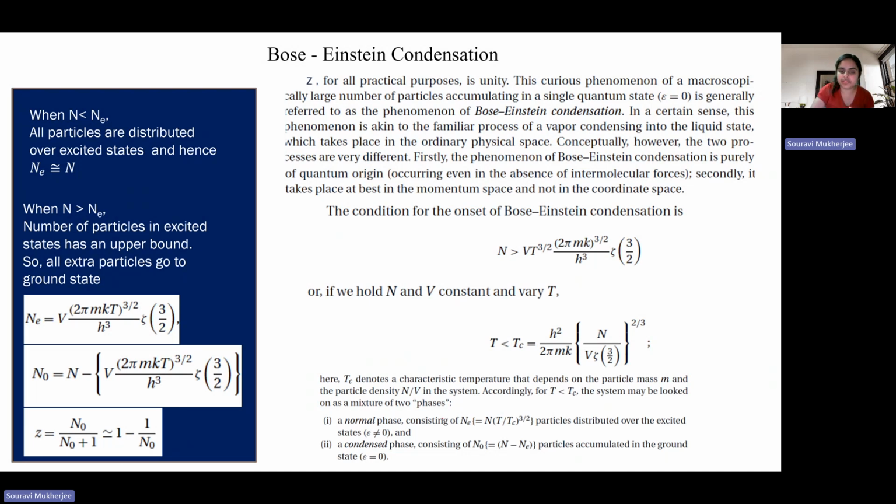One is a normal phase, where particles get distributed based on the T to the power 3 by 2 relation, in the excited state. And then there is a condensed phase, with all the particles that keep getting accumulated in the ground state. So there are two phases: one is a normal phase, another is a condensed phase, and that happens for T less than Tc.